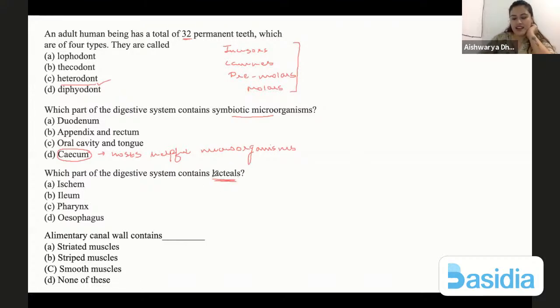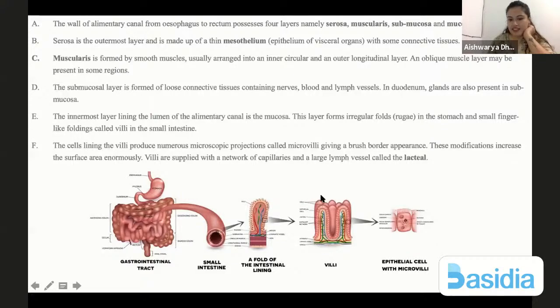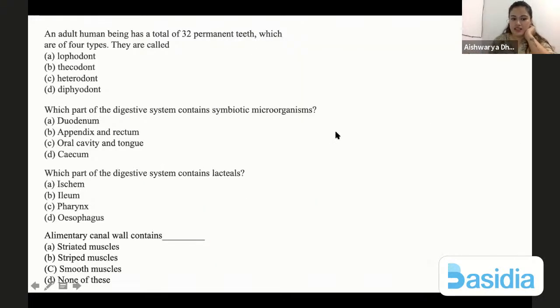I told you right here, these are the lacteals, a network of capillaries and large lymph vessels. Which portion is the correct answer? Ischium, ileum, pharynx, and esophagus. The esophagus is the food pipe, the pharynx is the common passage between the food pipe and the windpipe. Ischium is not part of the digestive system, so the correct answer is ileum, which is a part of the small intestine.